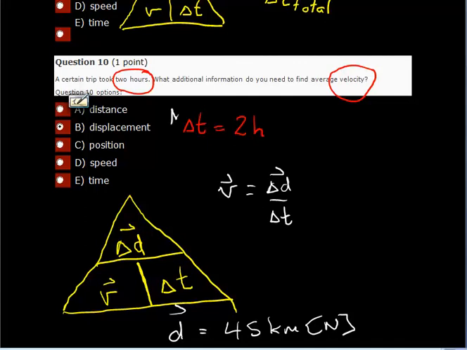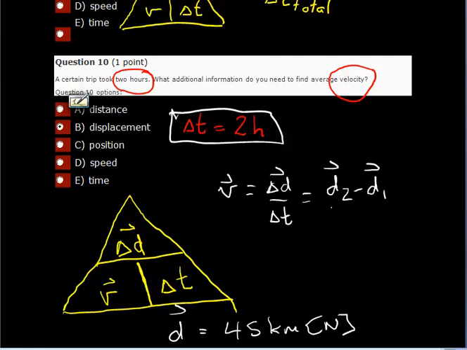They gave us time, so I'm not looking for that. To figure out the velocity, I'm going to need to know my displacement, my change in position. So the answer there is B, displacement.